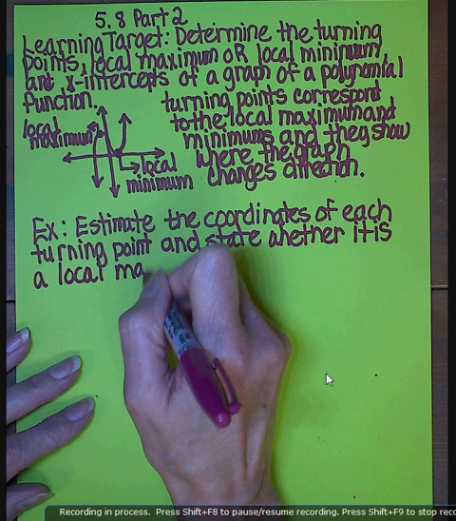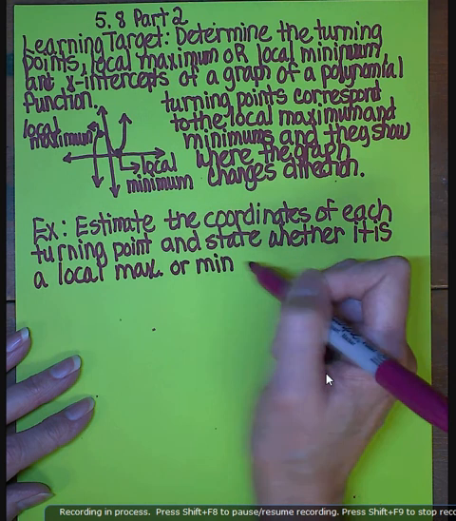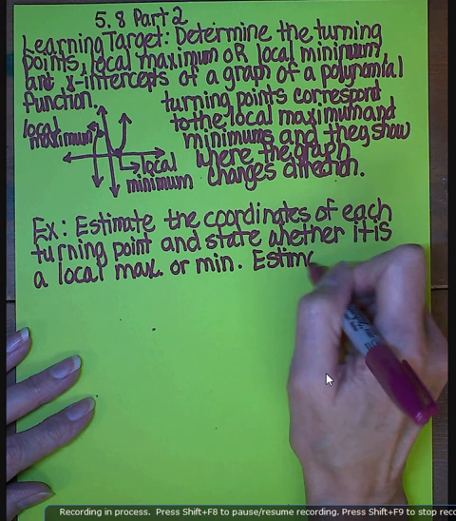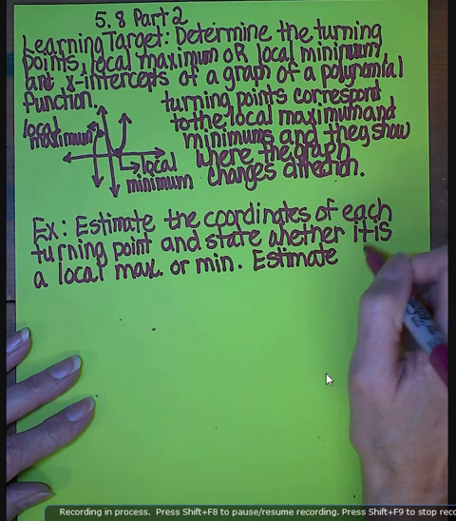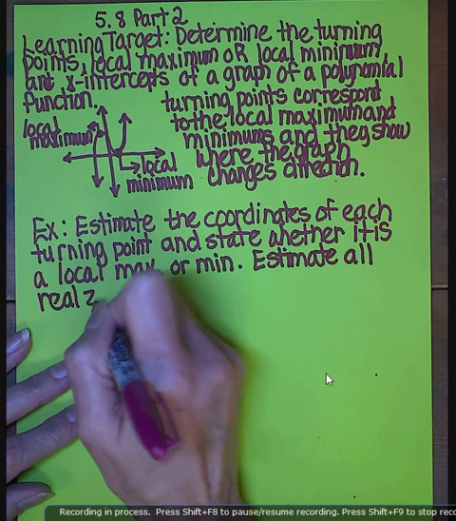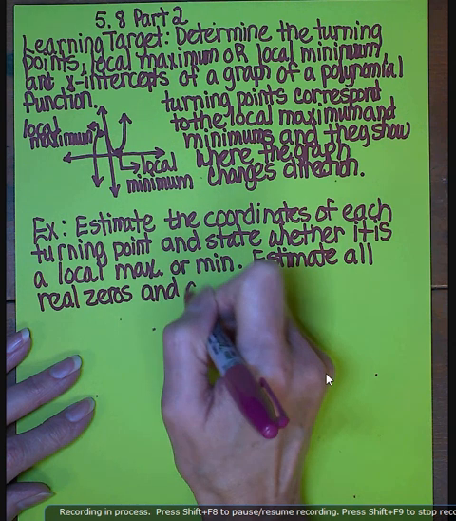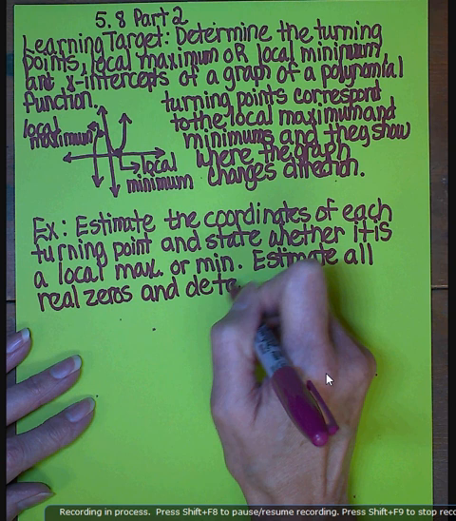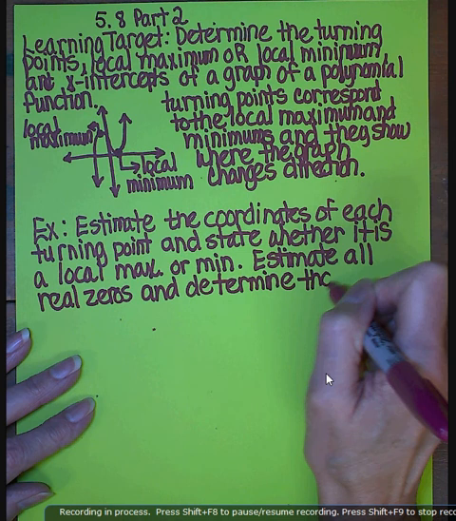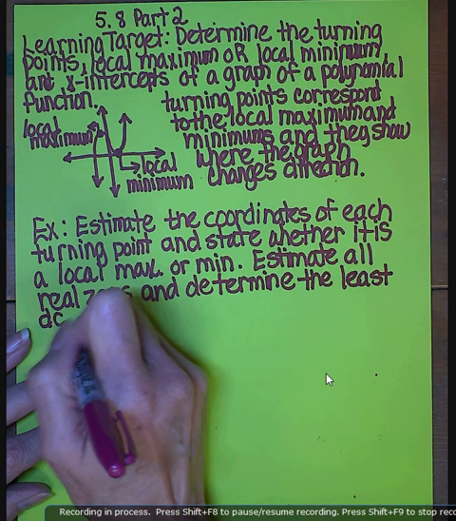And I'm just going to write local max or min. Estimate all real zeros and determine the least degree the function can have.